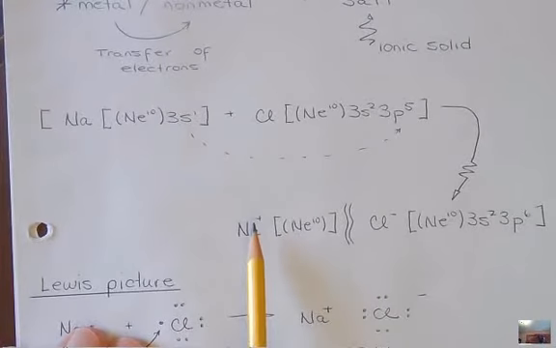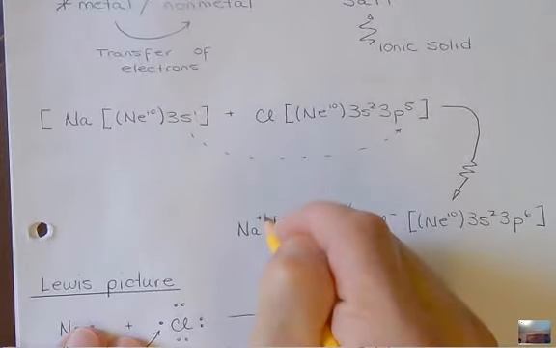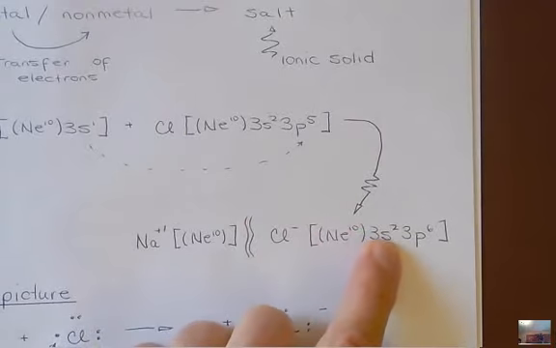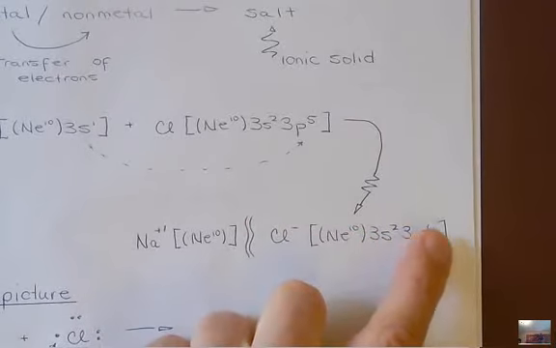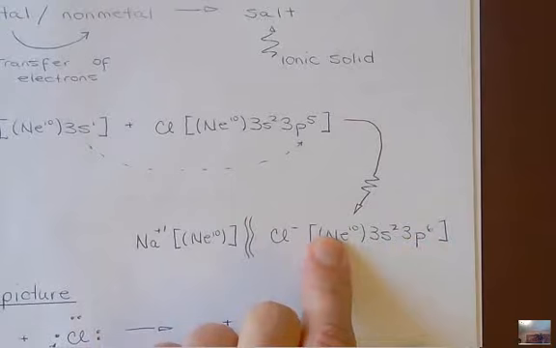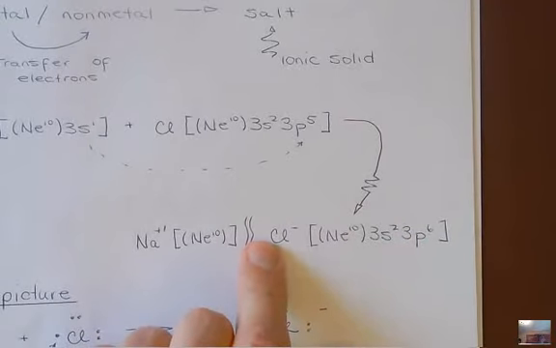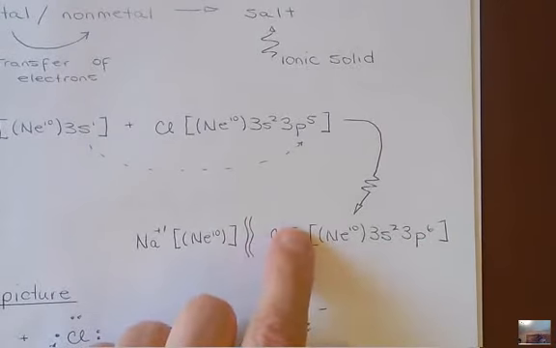Sodium becomes sodium plus 1, which has the same electron configuration as neon. 11 protons in the nucleus, but only 10 electrons zipping around the outside gives you a plus 1. And chlorine takes on 1 extra electron, so it has 3s2, 3p6. So this has 18 electrons, but only 17 protons. So 17 positives and 18 negatives gives you a charge of -1.